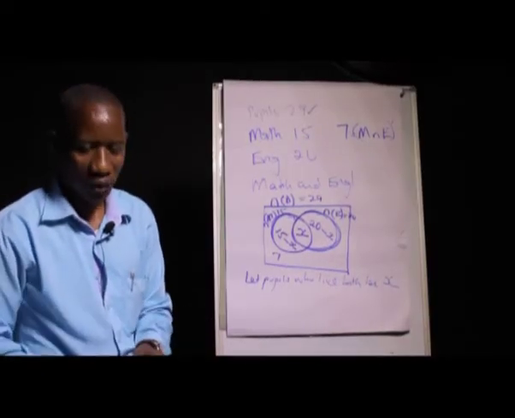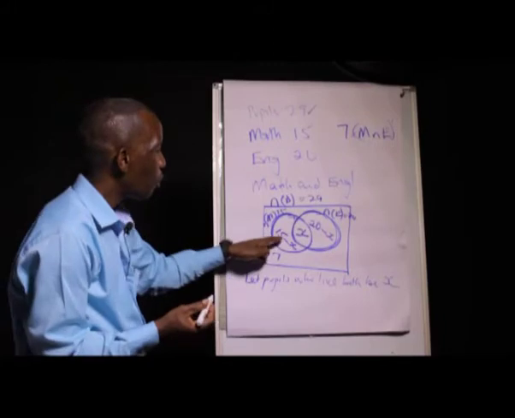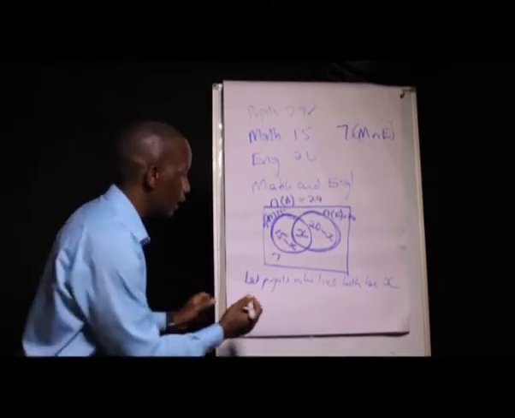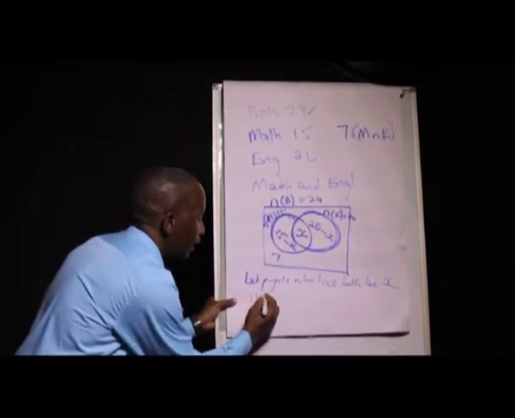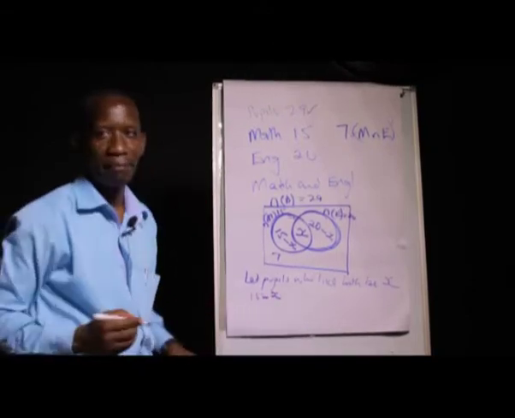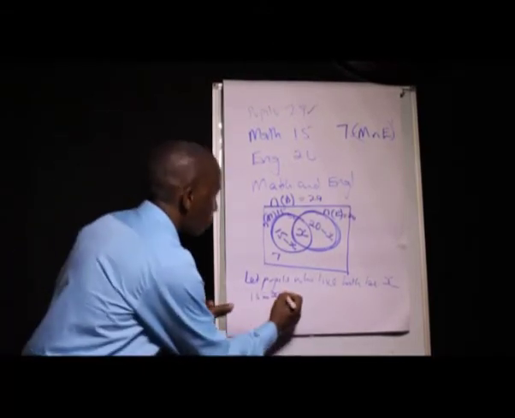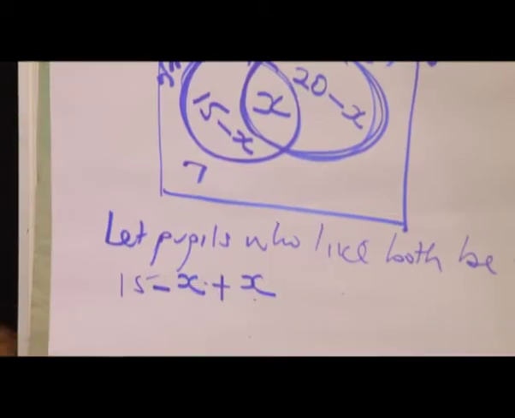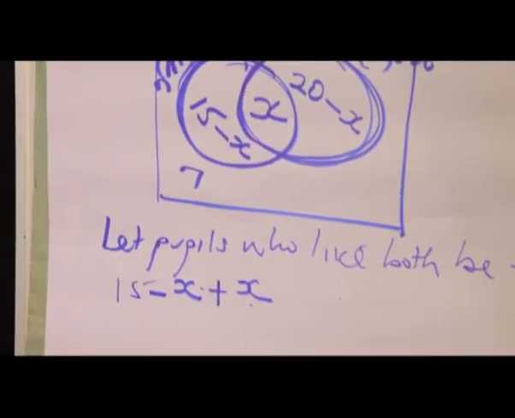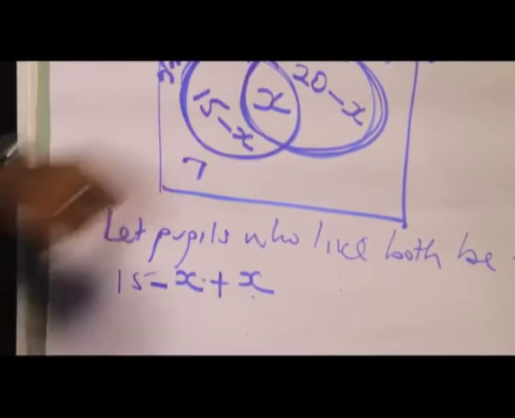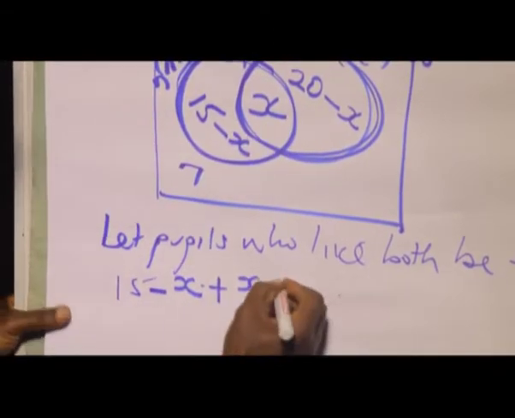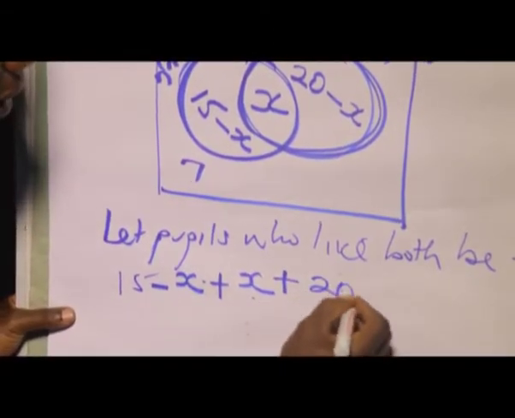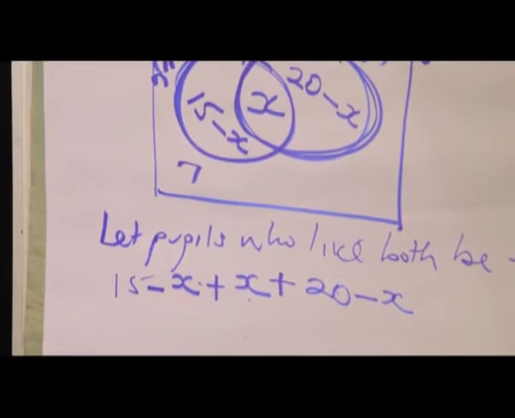Here we go. Pupils who like math only are 15 minus x. Pupils who like both are X. I'm moving step by step. I started with this, I went to this. I'm now going to pupils who like English only.